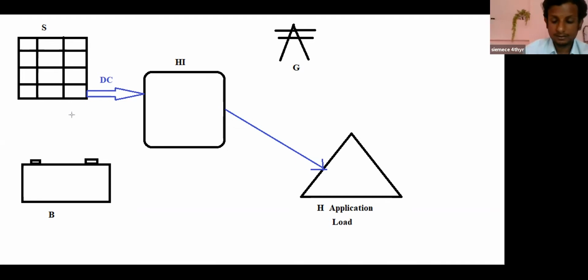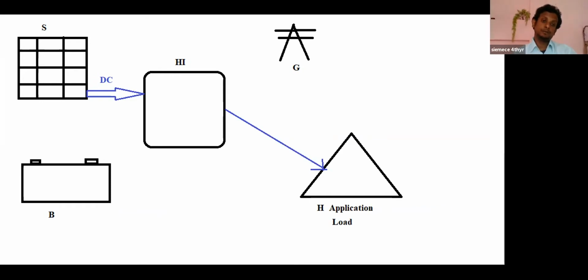But we have studied that there are so many disadvantages associated with solar cells. So we cannot rely totally on the solar cell. We need to take a backup system.